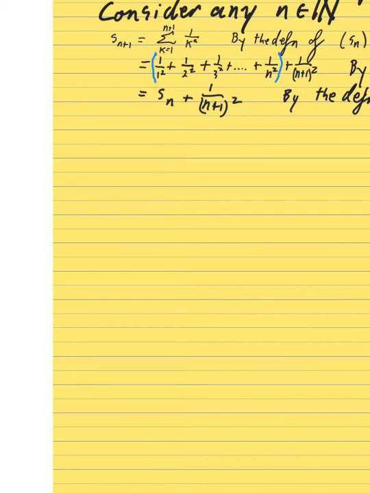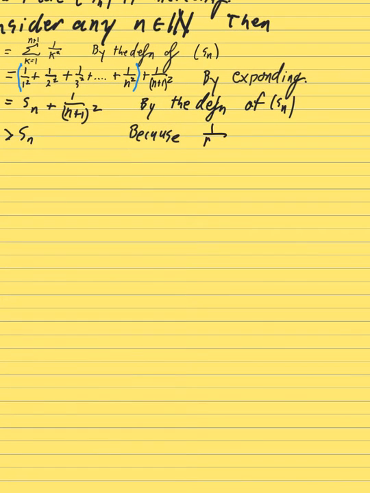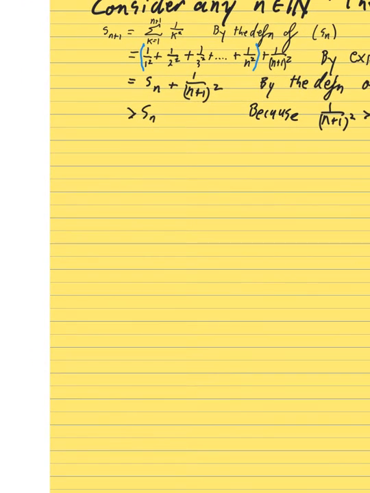Okay, now let's just wrap it up. I want to show that this is increasing. That's bigger than S sub n because 1 over (n plus 1) squared is bigger than 0. Oh, cool. So, thus, S sub n is increasing.